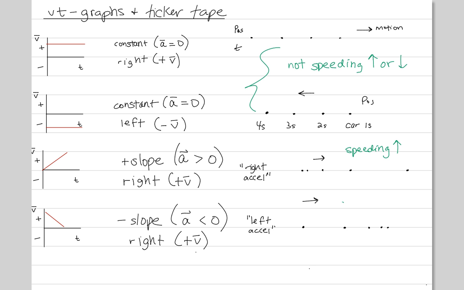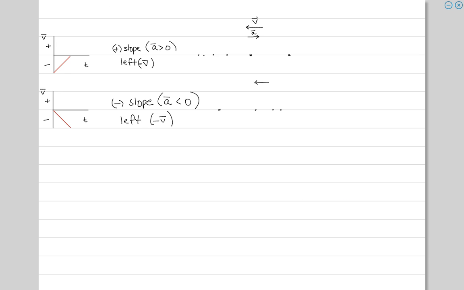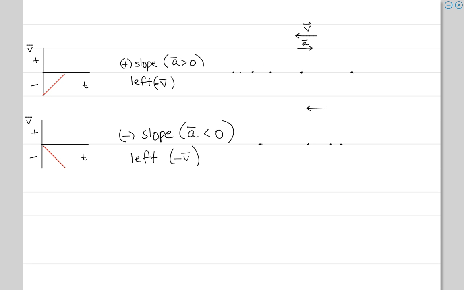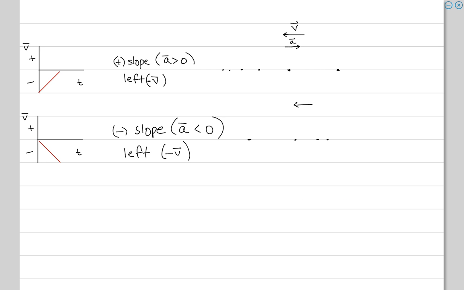And for the fourth one, you're speeding down. Speeding up and speeding down. And the last two, motion is to the left, so we are speeding down on the fifth graph and speeding up on the last graph.